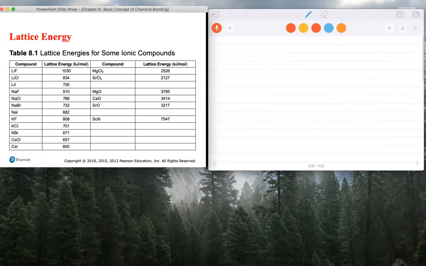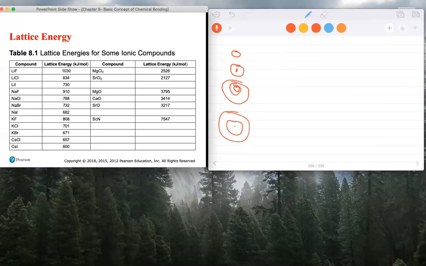Understand that atomic radius increases as you go down a group, because you will have more shells.